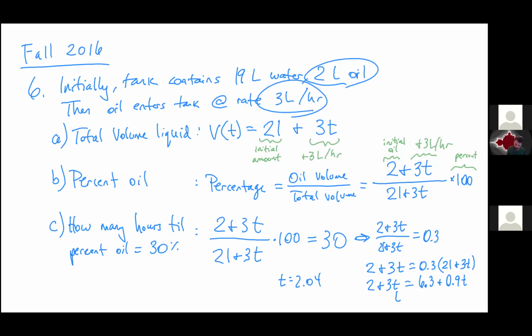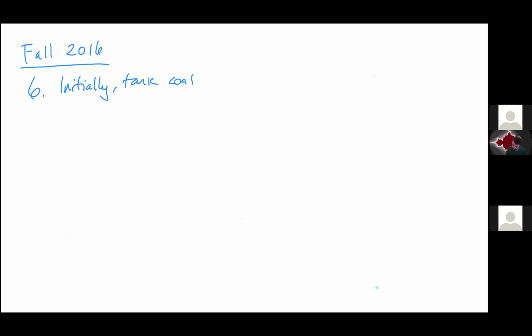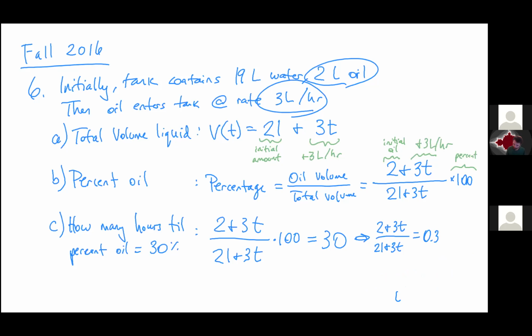Let's go through the steps then, just to make it a little more clear, because I was kind of hand wavy at the end, and I apologize for that. Come over here so I have more space. I have my numerator, and I'm going to multiply the denominator over to this side. So that's 0.3 times 21 plus 3t.